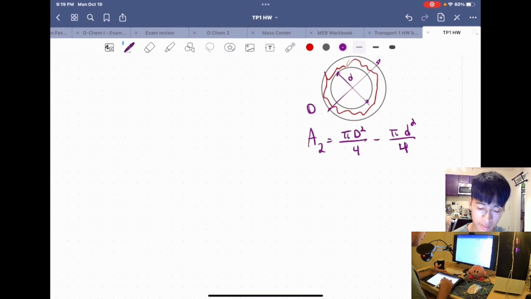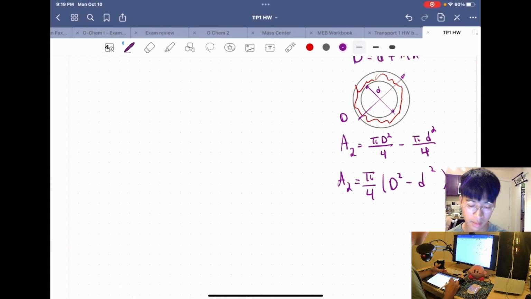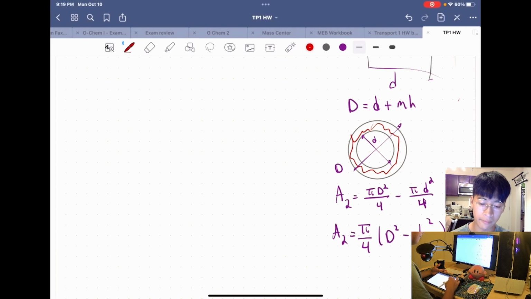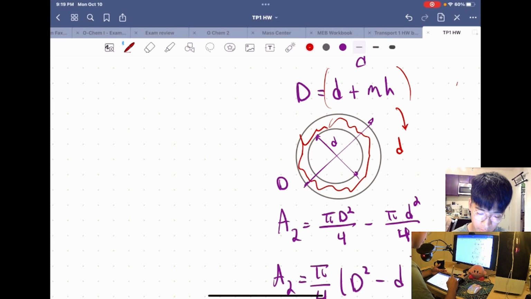So you can factor out your constants. You have pi over 4 of big D squared minus little d squared. Okay? Where big D is this function here. So if you go off and square that, you get d squared plus 2 d mh plus m squared h squared.